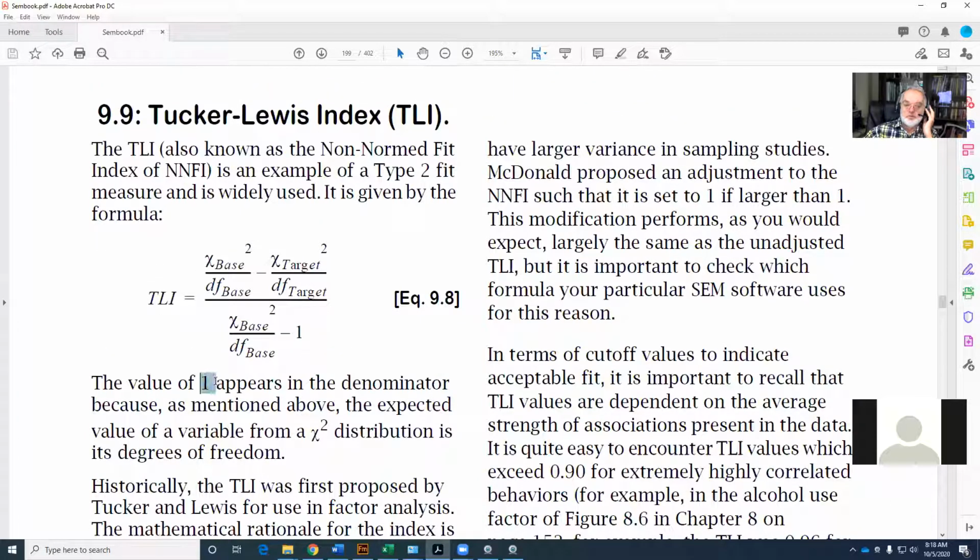The reason we have the number 1 here is the expected value of a variable from a chi-square distribution is its degrees of freedom. So if, for example, the target model is true and its degrees of freedom are the right degrees of freedom, I ought to see the number 1 here.